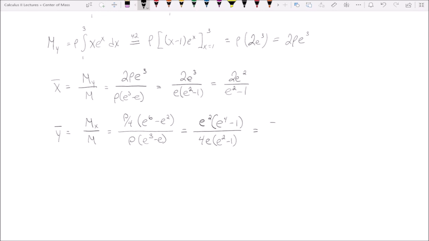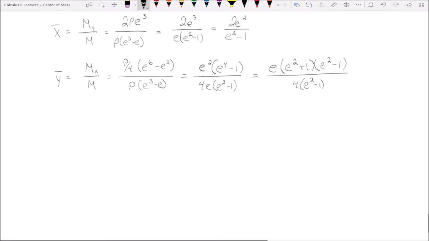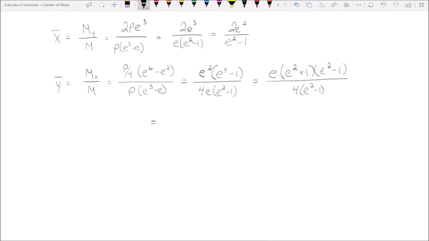Right? E's are going to cancel. We're left with a single e in the numerator. E to the 4th minus 1 is a difference of squares. And so what this simplifies down to is e squared plus 1 all over 4, or e cubed plus e over 4.